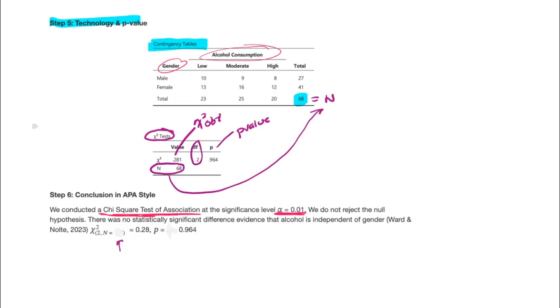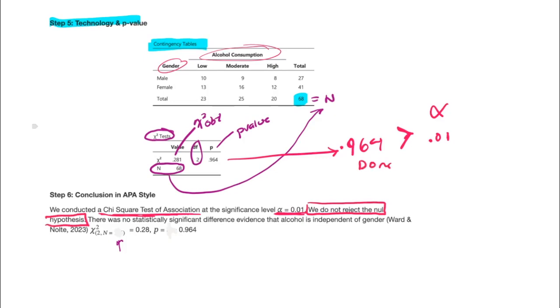We didn't do this. So we are going to compare a p-value, which is 0.964 from here, to our alpha, which is 0.01, and it is way bigger than our alpha. So we do not reject the null hypothesis. Do not reject.